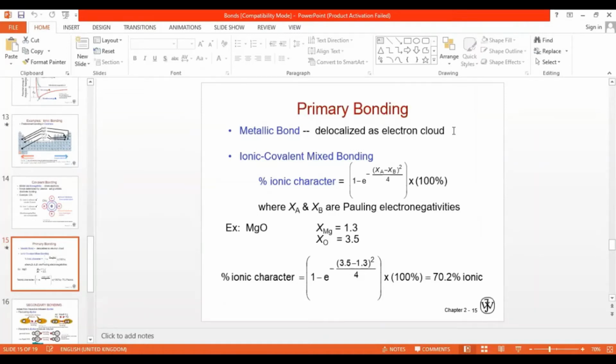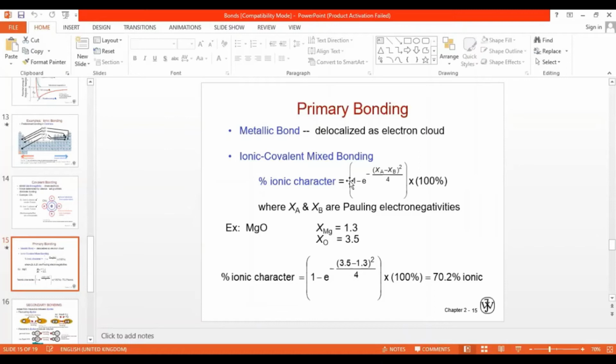And if the bond is formed between a metal and a non-metal, usually that would be an ionic bond. Not necessarily all the time, but most of the time it will be an ionic bond. And if the bond is formed between a non-metal and a non-metal, most of the time that will be a covalent bond.